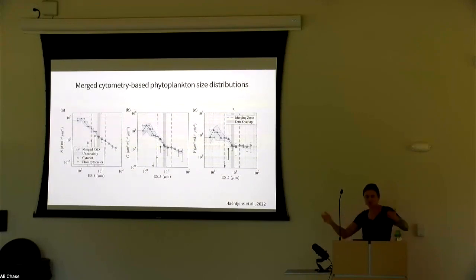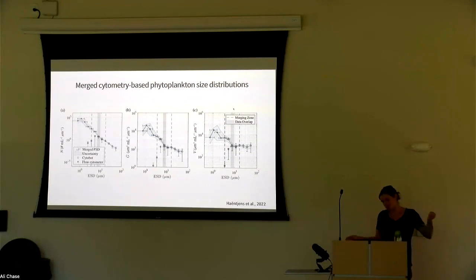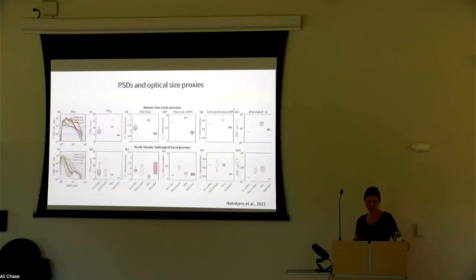So we're moving beyond the pigment-based definitions of pico, micro, and nanoplankton to using real measurements of different size classes, or more realistically size distributions, of phytoplankton and total particles.